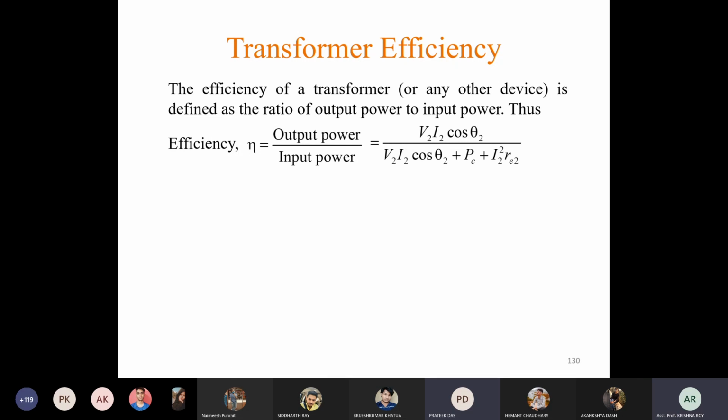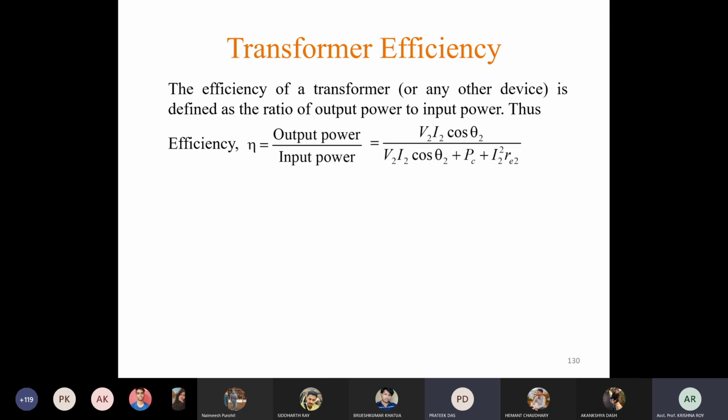See, output power is V2I2 cos theta 2. V2I2 is the product of secondary voltage and current, so that is the secondary volt ampere, and if you multiply it by the power factor, you will get the active power.